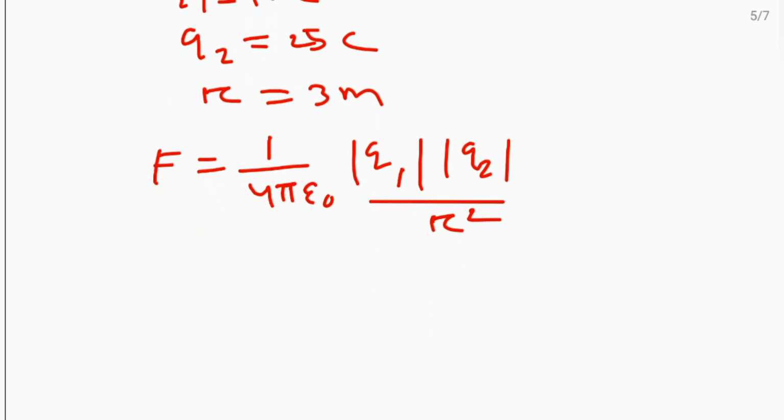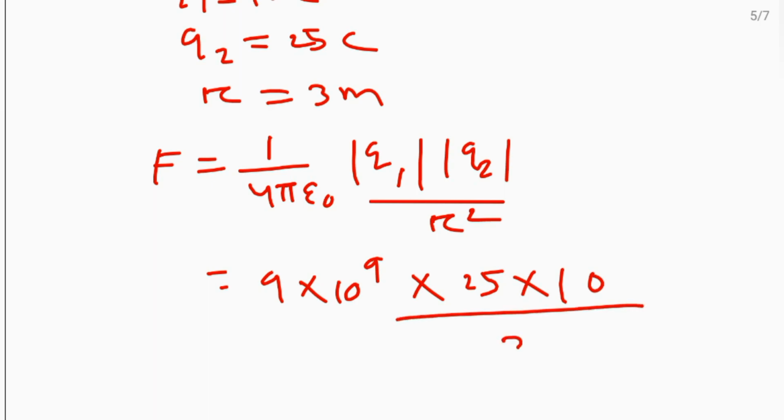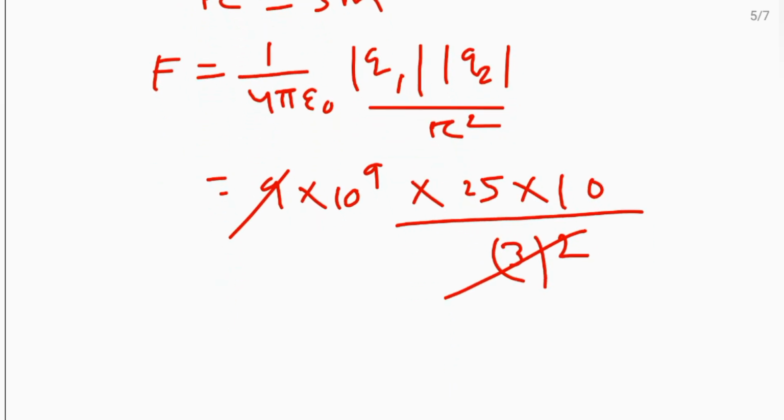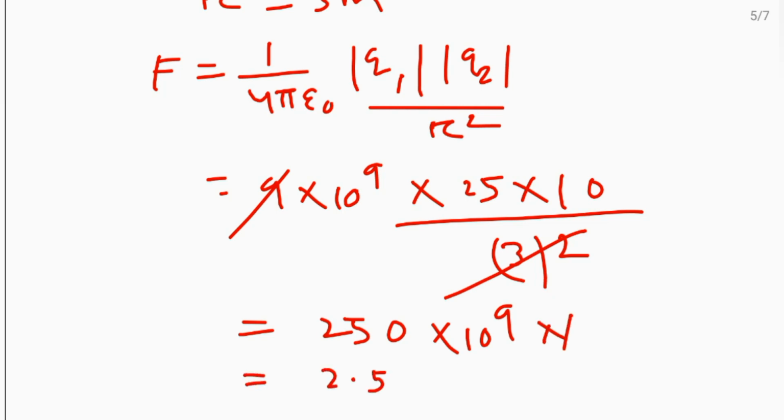We know the value of 1 by 4 pi epsilon 0 is 9 into 10 to the power 9, and Q1 is 25, and Q2 is 10, and R is 3, means 3 square. So this 3 square is 9, and the 9s cancel each other, and the remaining is 25 into 10, 250 into 10 to the power 9 Newton. If we rewrite this, it will be 2.5 into 10 to the power 11 Newton.